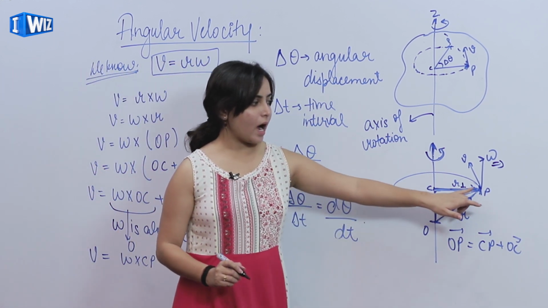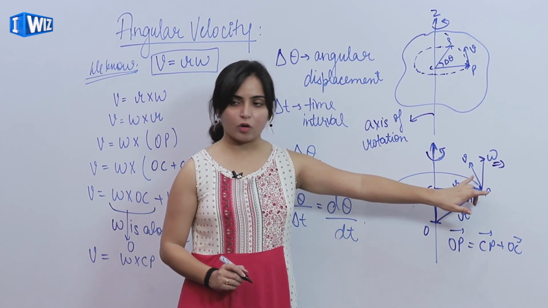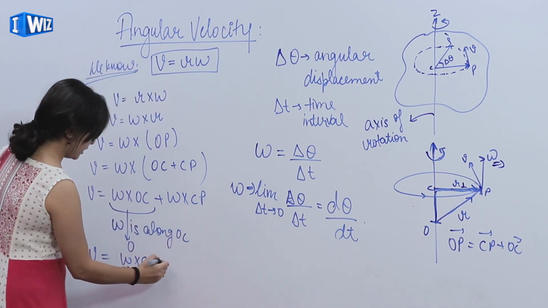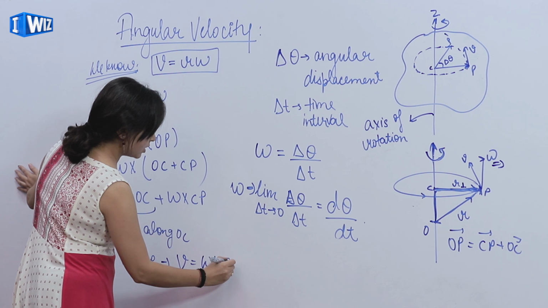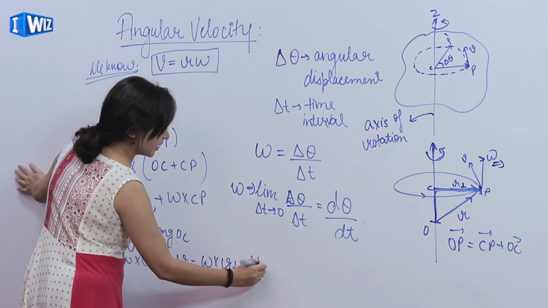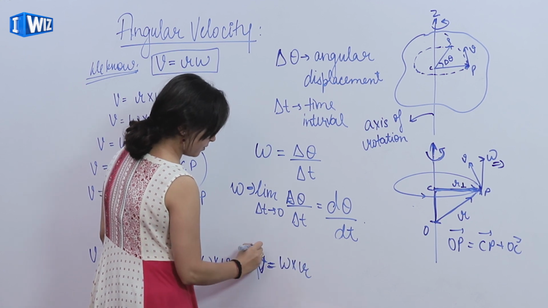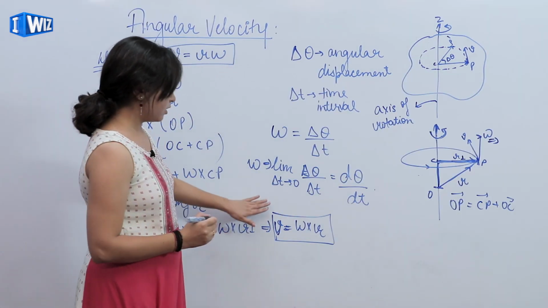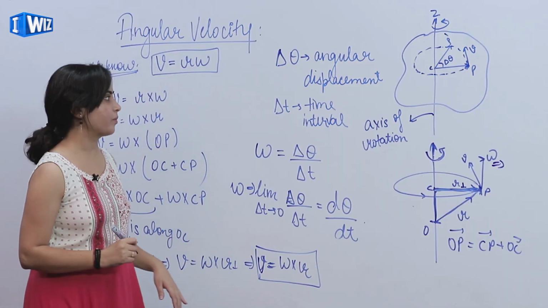CP की वैल्यू है r perpendicular because CP is perpendicular to omega. Therefore, we'll get v is equal to omega cross r perpendicular, or we can write v is equal to omega cross r. So this is a relation for pure rotation of a body.